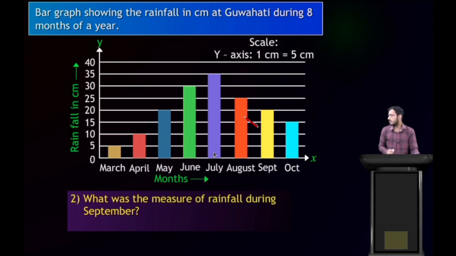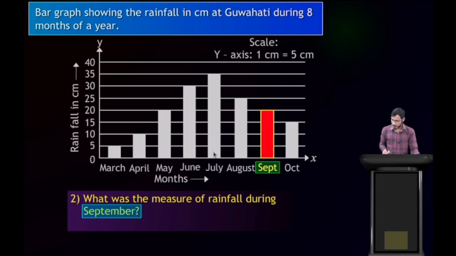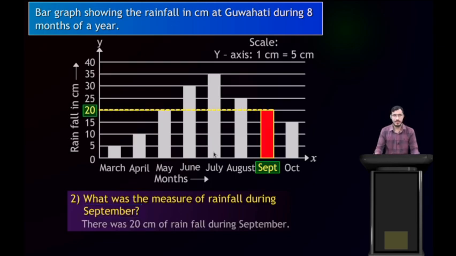Next question: what was the measure of rainfall during September? Yes, tell me. You can see the September month and the rainfall measure is 20. So there was 20 centimeter of rainfall during September.